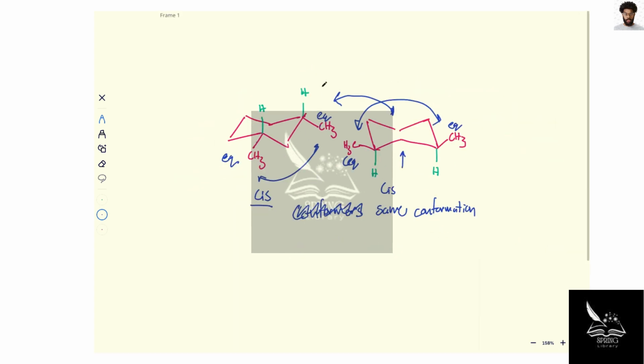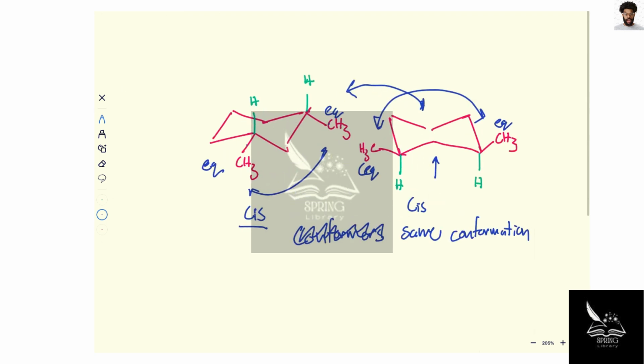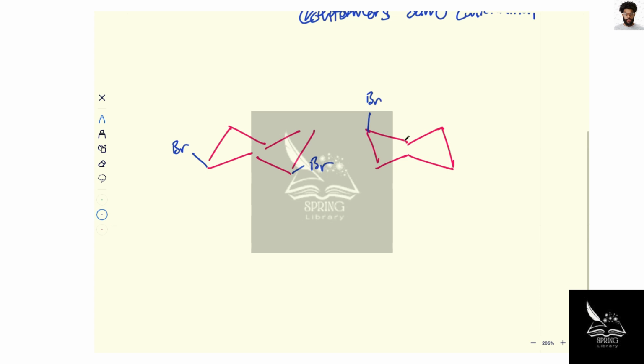Okay, let's look at the next example. All right, once again, we have a couple of substituents that are two carbons apart from each other, or two bonds apart from each other.